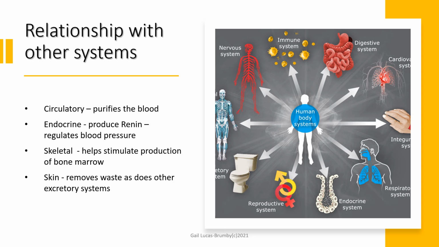One of the things that ITEC like you to consider in every system is how it relates to any other system in the body, and obviously the urinary system and the circulatory system work very closely together to purify the blood. The endocrine system produces a lot of hormones, particularly renin, which regulates blood pressure, and obviously antidiuretic hormone, which helps to hang on to excess fluid in the body.